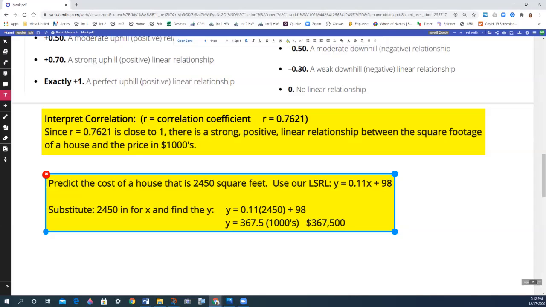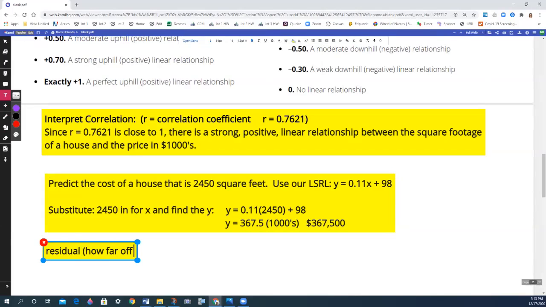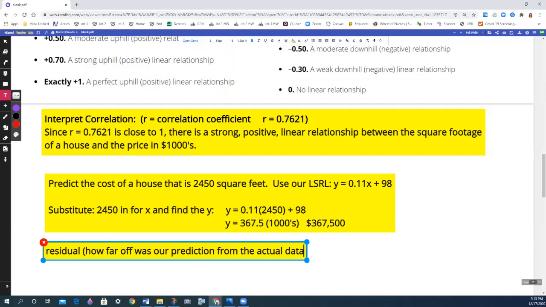Okay. So now what they like to ask us is, okay, that's our prediction. How far off were we from the actual? So now I'm going to open up another text box here, and I am going to figure out a residual. What a residual is, it is how far off we are. So this is how far off was our prediction from the actual data, okay, from our table.